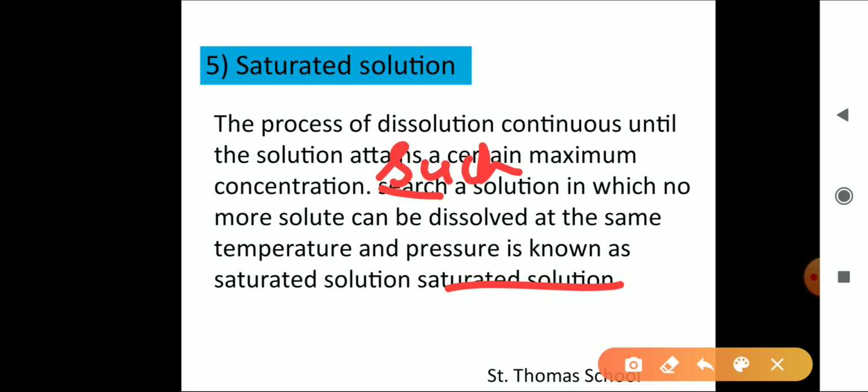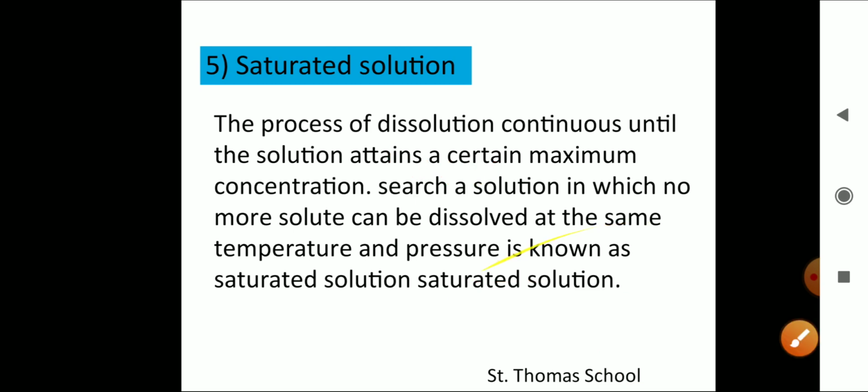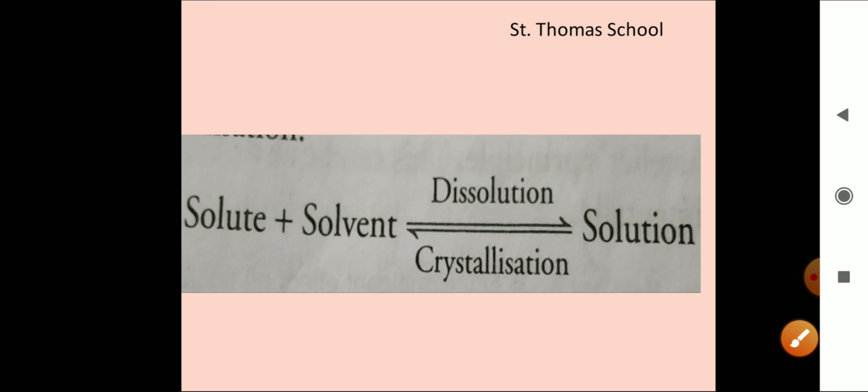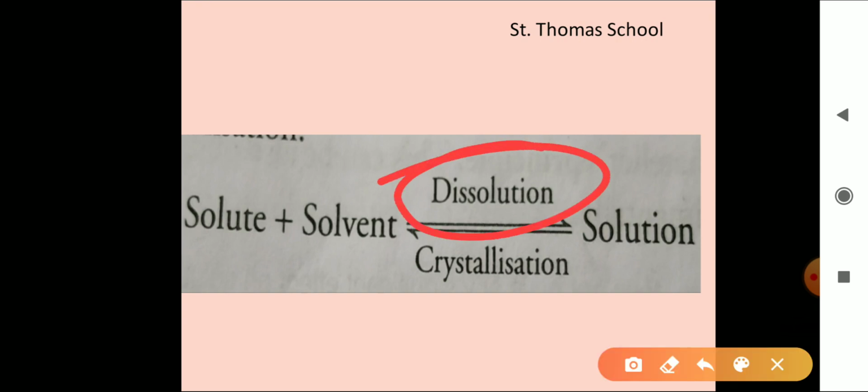व्हाट आई एम गोइंग टू से हियर, दैट इज वी से दैट if a solute plus solvent when dissolved form a solution, means forward process जो हो रहा है, here the forward process is dissolution, and the backward process means reverse process जो हो रहा है वो crystallization. यानी this solute plus solvent will give you the solution.